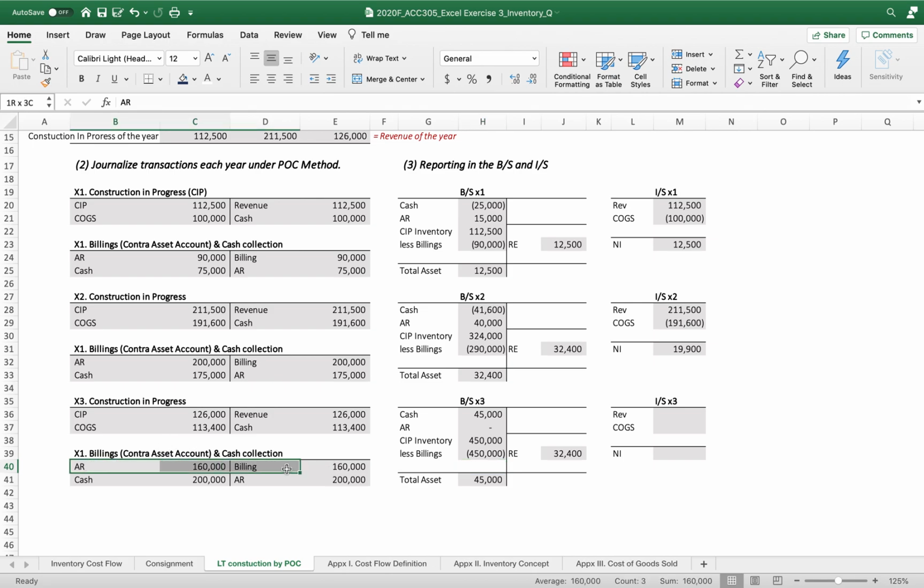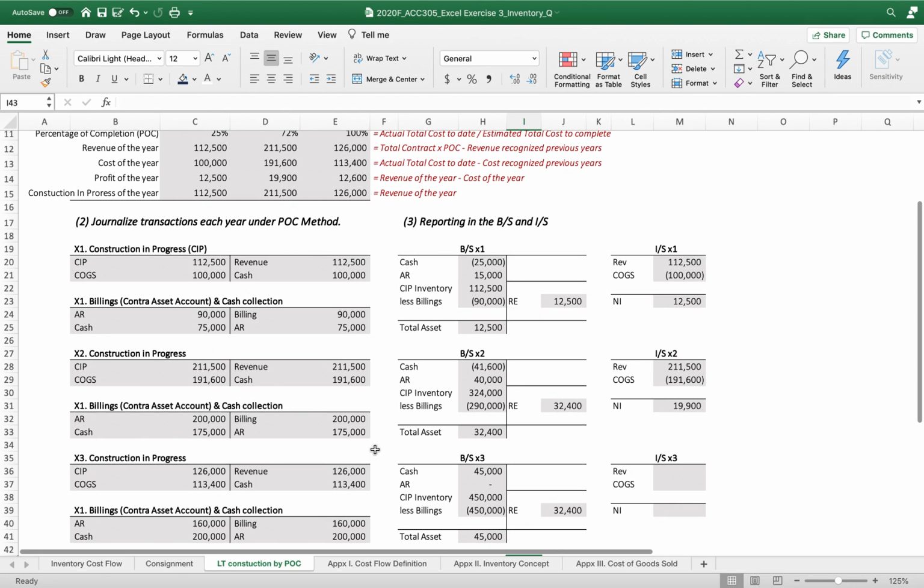We recall AR is equal to billing. Once the company sends the billing out to the buyer, it is the same as the AR, also the same as this contract price, right? So we got it. The total asset is 45,000, the cash amount, which is the sum of this, the profit.